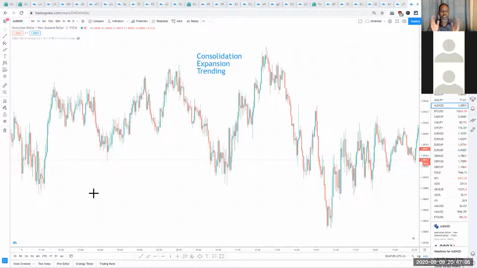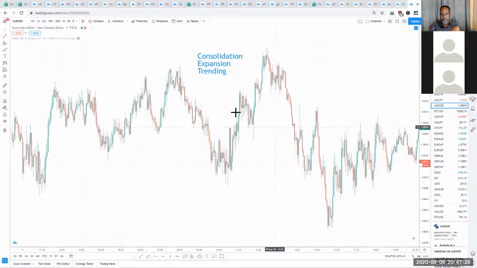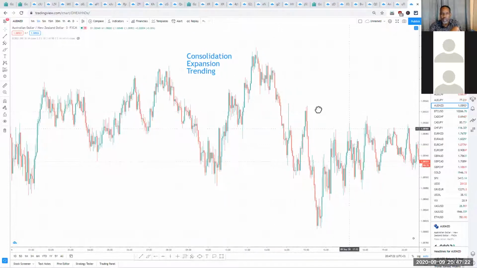So I hope you guys know about these three different phases of a market. For example, this area here. Okay, let me get this here. This area here is referred to as a consolidation area.